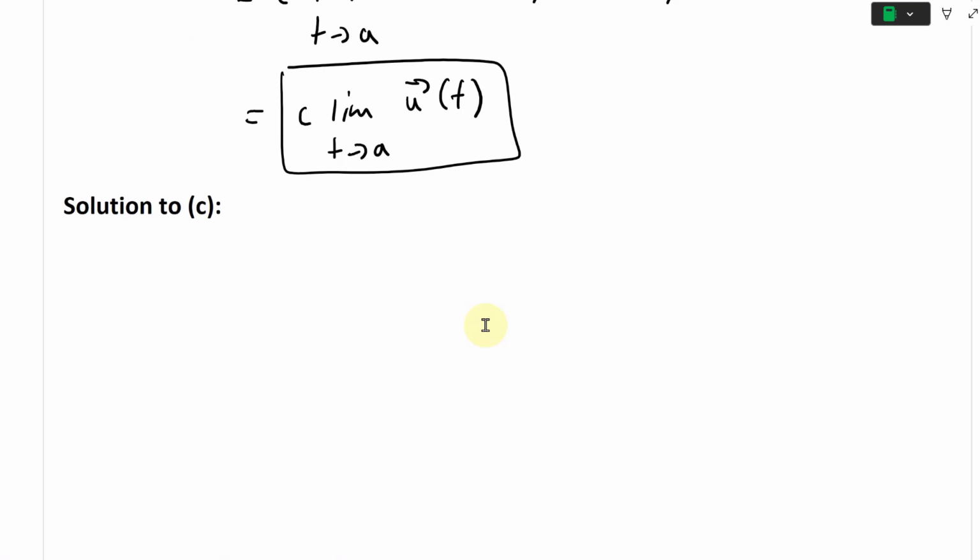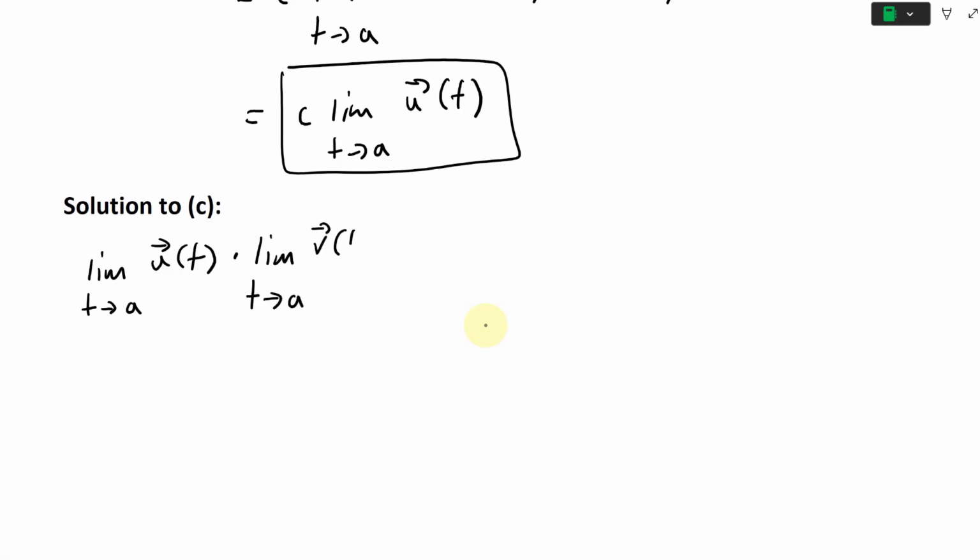So what we'll write is the limit as t approaches a of u of t dot product with the limit as t approaches a of v of t. This equals 2, and this equals 2, and I'll put it down here because we're going to need a lot of space.